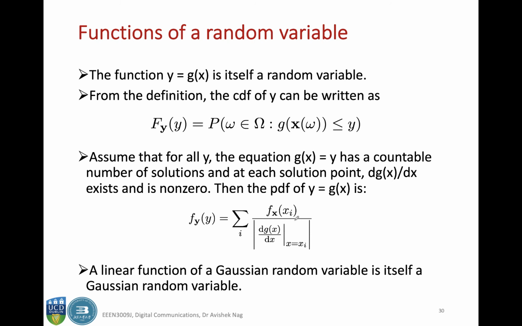Next, you can have functions of random variables, just like you can have functions of real numbers. If you have a random variable x and you define a function g of x, then that function is itself a random variable. So y, which is equal to g of x, a function of the random variable x, is itself a random variable.